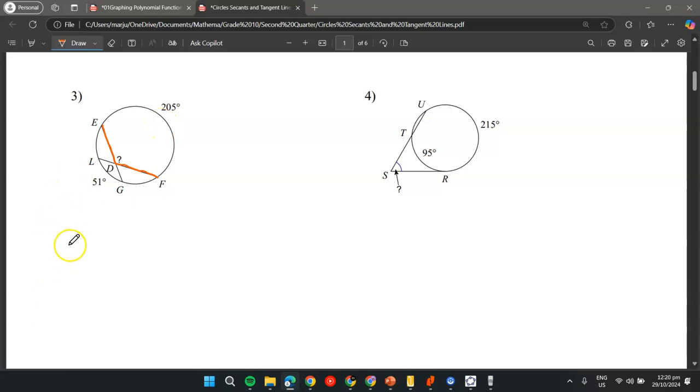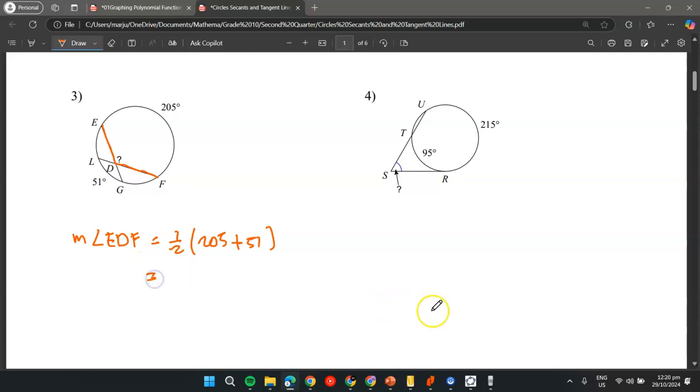So the measurement of angle EDF is 1/2 of 205 plus 51.